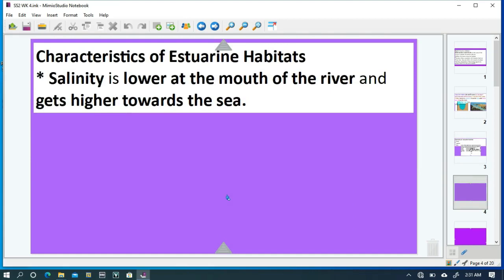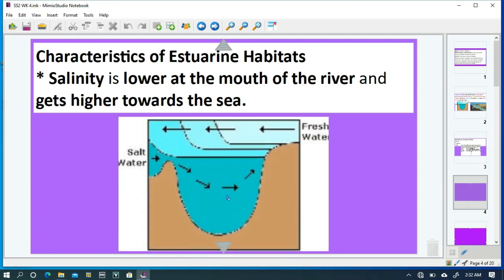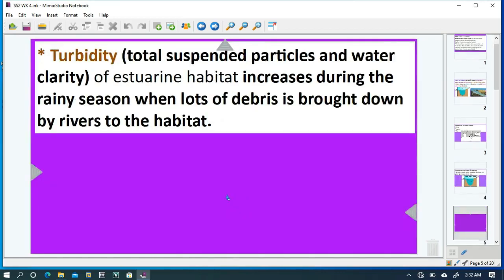Characteristics of estuarine habitats. The first characteristic of estuarine habitat is salinity, that is, the degree of salt concentration in water. In estuarine habitats, the level of salinity is lower at the mouth of the river and gets higher towards the sea. The second characteristic is turbidity.